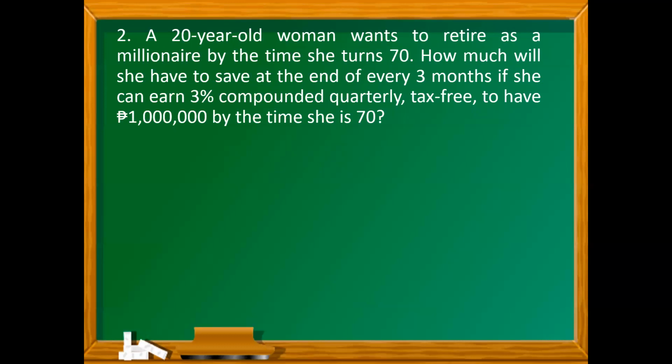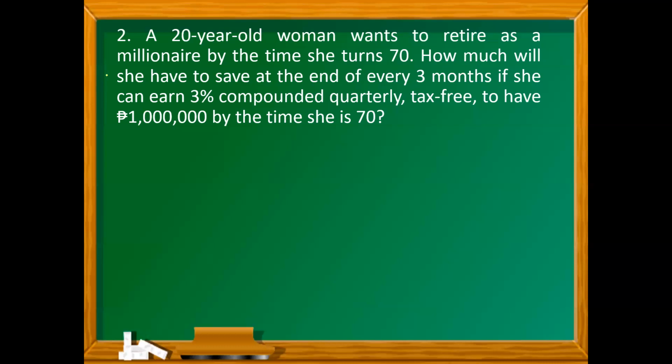So with that long-term plan of getting 1 million, this is also the application of future value of an annuity. By inspection, R is being asked in the problem, since we are asked how much the woman will save quarterly just for her to receive 1 million pesos as she reaches the age of 70.